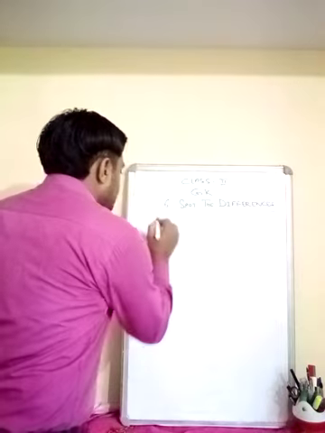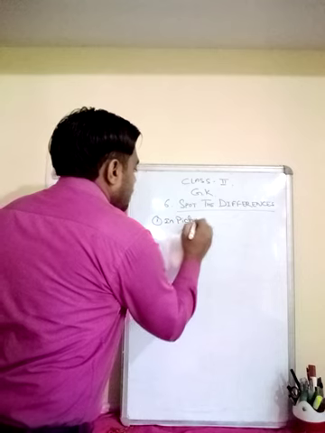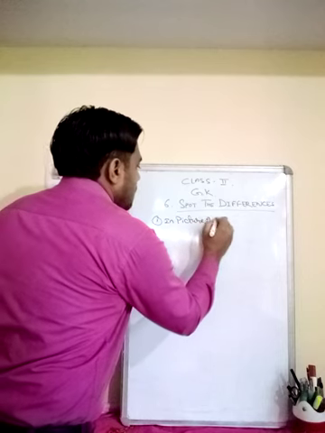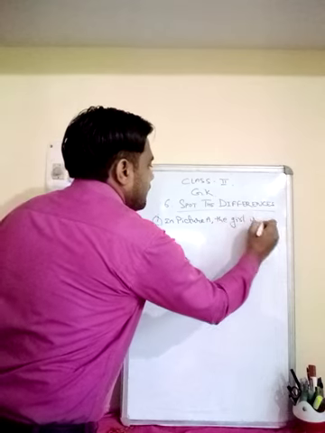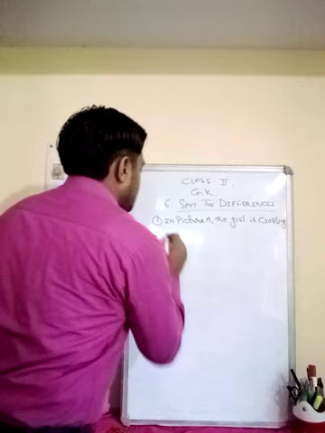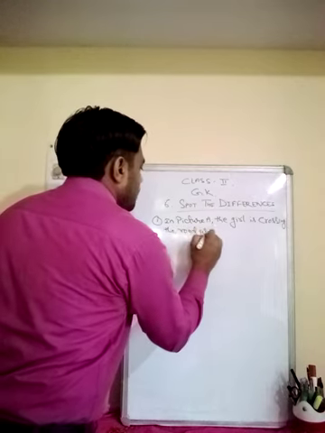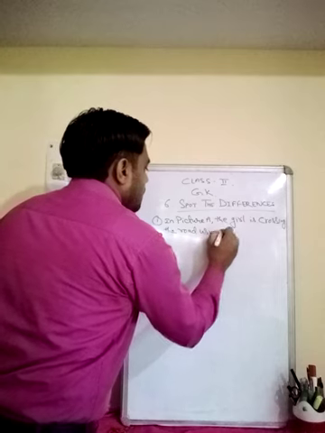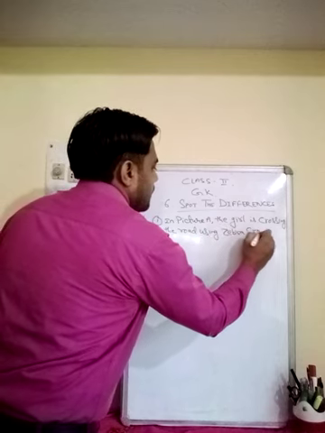So what is the difference that we have spotted here? Number 1, in picture A, the girl is crossing the road using zebra crossing.